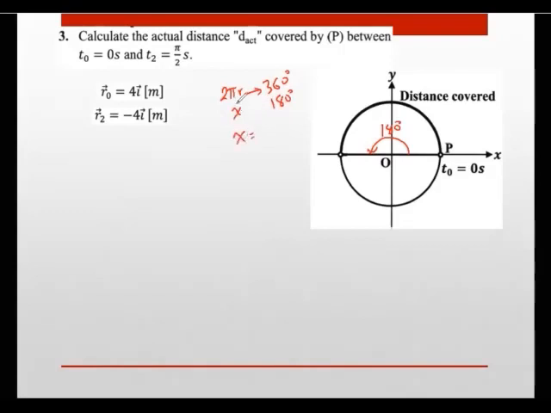X would be, don't forget in a cross multiplication, the nearer, and then divided by the diagonal. 2 pi r times 180 degrees divided by 360, you will get, sorry, you will get it as pi r simply. Somebody knows directly that it is pi r. If you know directly that it is pi r, this is good, which means that the actual distance is only pi r, which is 4 pi, which is 12.56 meters.